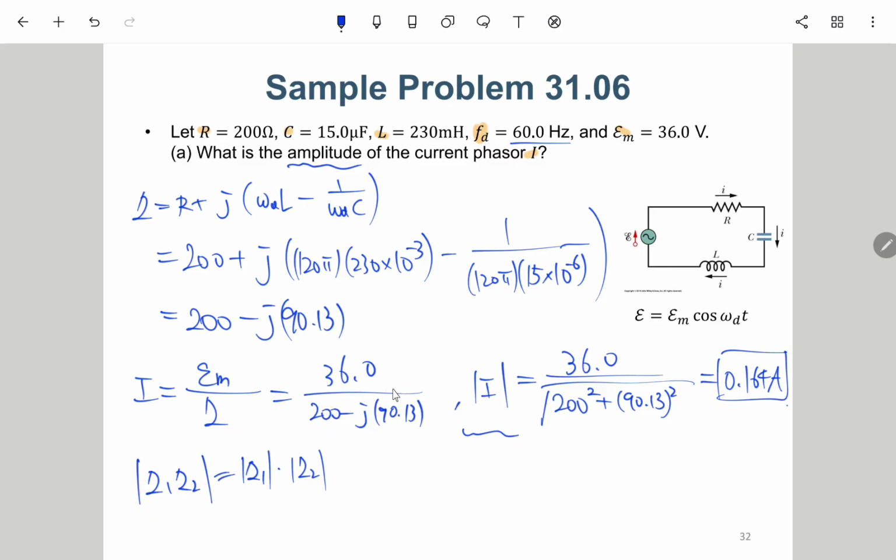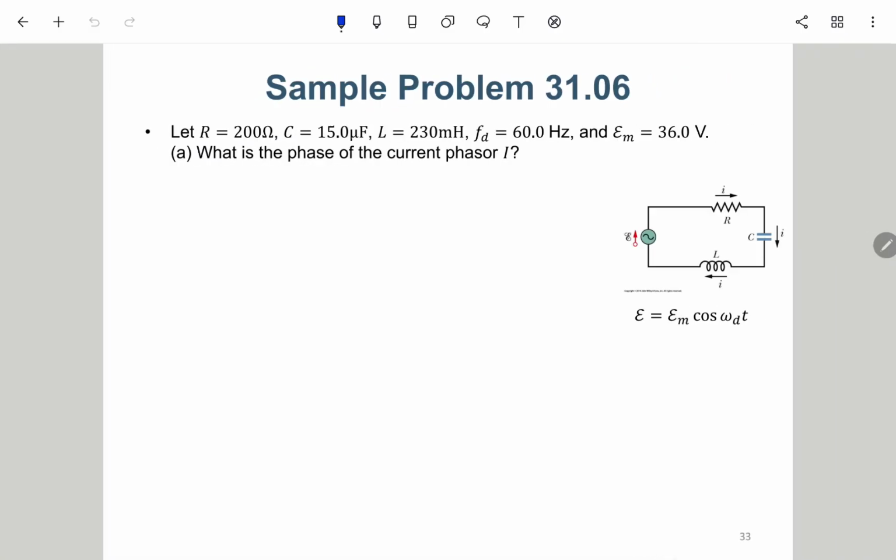So you don't need to rationalize this. You don't need to multiply 200 plus J 90.13 for both the denominator and numerator to turn it into a complex number with the proper form, and then try to calculate the absolute value later on. You just need to calculate the absolute value for the numerator and denominator individually, and then divide them.